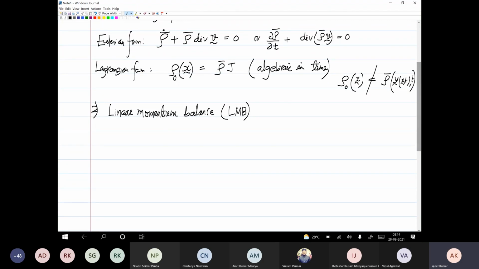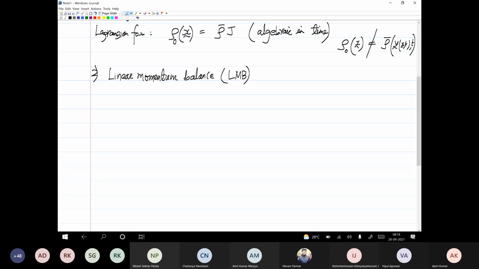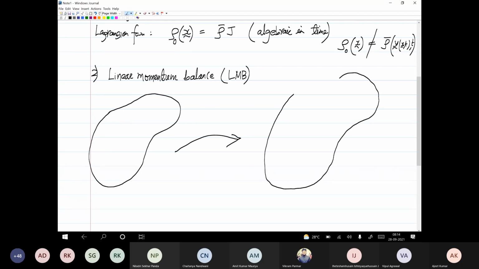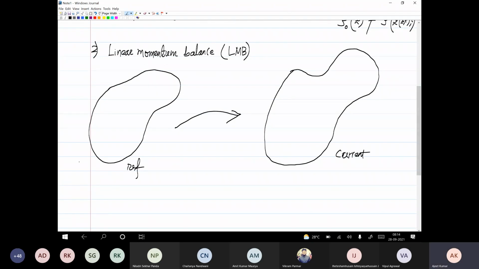When the body is deforming, how does it look like? So remember that here is your body in the reference configuration, which has deformed. So this is reference, this is current, and of course the region occupied is, this is R ref, right? Whereas here it is R, and you can say maybe R superscript t.